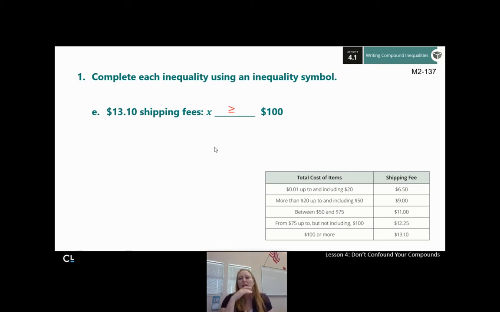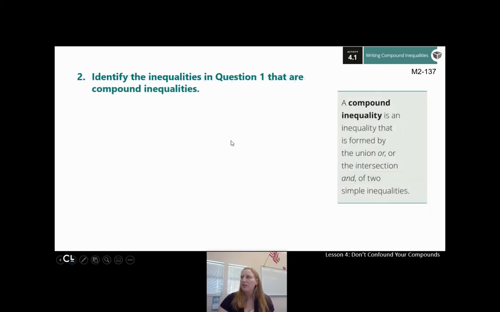And I want you to compare them for just a moment because this brings us to something called compound inequalities. A compound inequality is an inequality that is formed by either the union or the intersection of two simple inequalities.